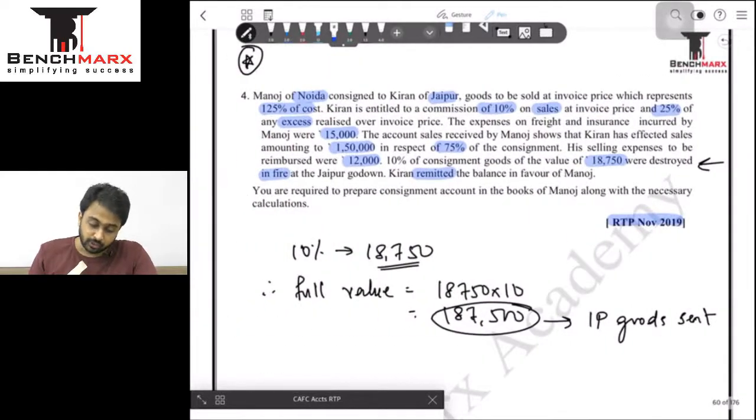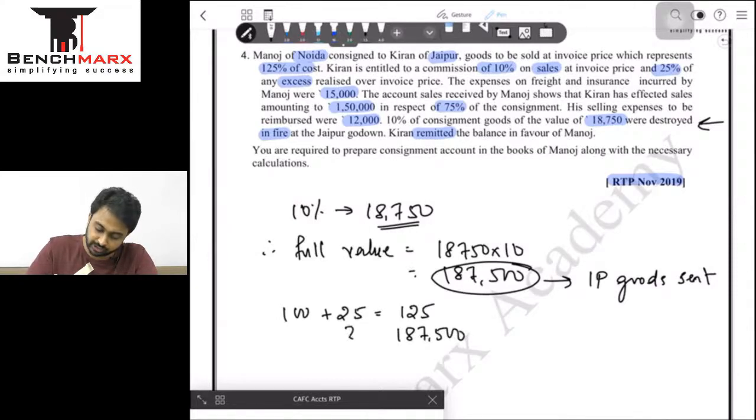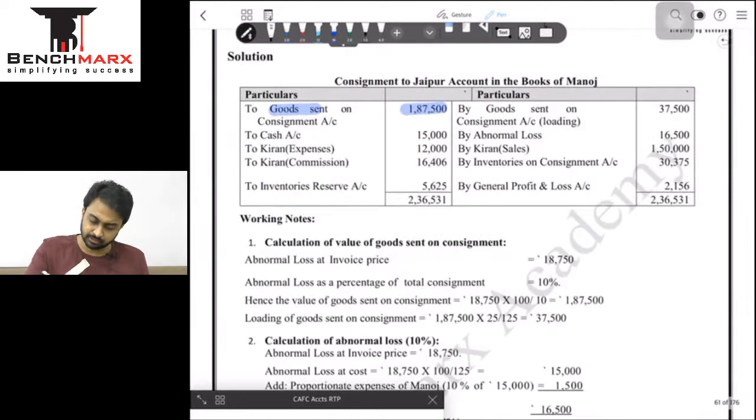Loading content was 125% of cost, meaning if 100 is the cost, 25 is the loading content, 125 is the invoice price. This 125 corresponds to 187,500. What corresponds to 25? It is 1/5 of 187,500, which is 37,500. This is the loading content, and that is by goods sent on consignment.